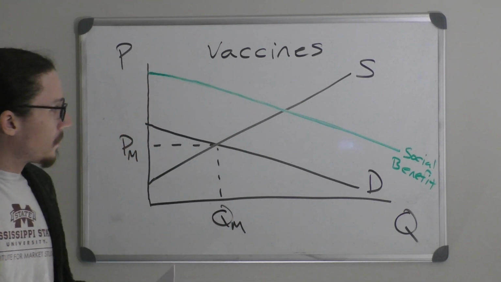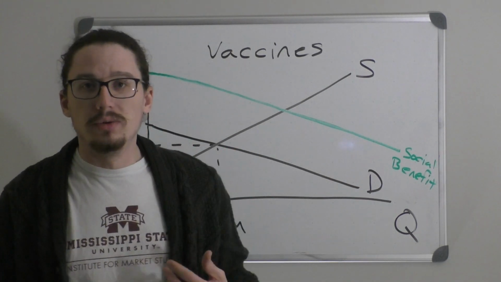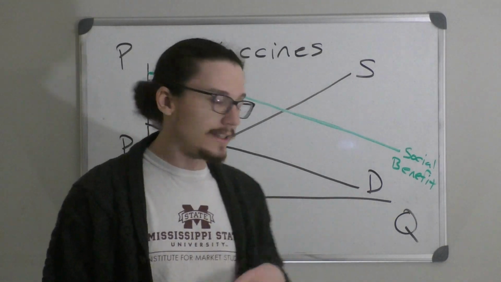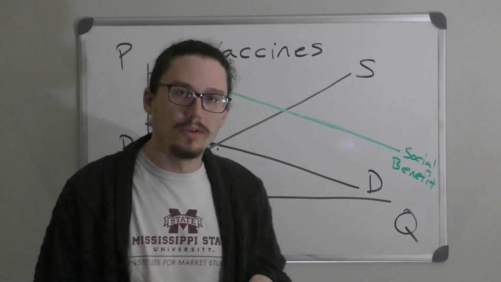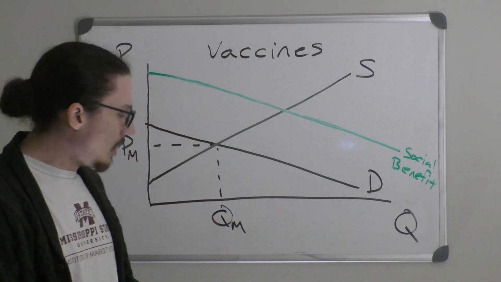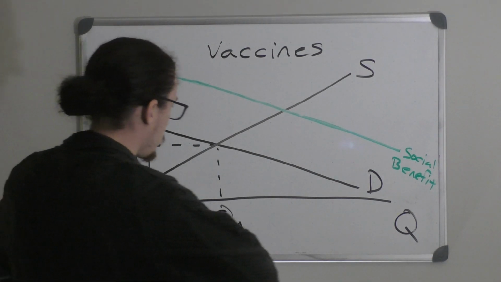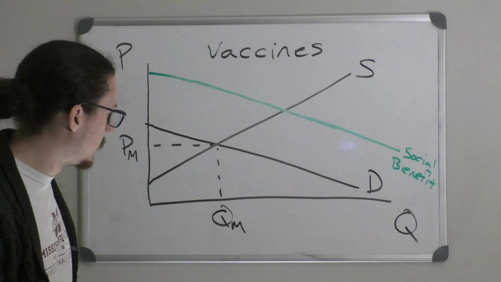And so we might see something like this for our social benefit. The value we are getting from these vaccines, if we look at it at a societal level, is higher, so we're going to shift our curve to the right, increasing demand, and we get a new equilibrium.